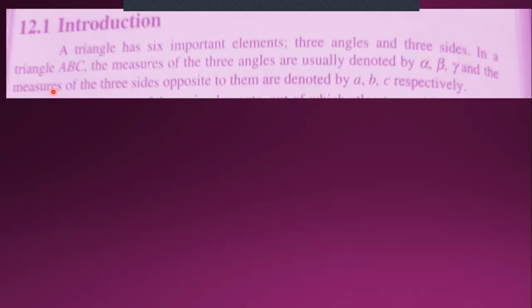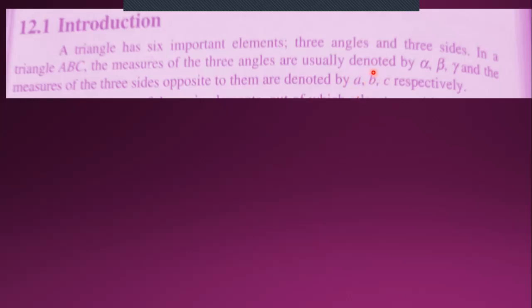And the measure of the 3 sides opposite to them are denoted by a, b, and c respectively. I told you in the class what is UL notation, what do you mean by UL notation, and when we do the question, I would make it clear again. There the side which is opposite to capital A, that means opposite to angle alpha, would be represented by small a, and it is the length of that side.